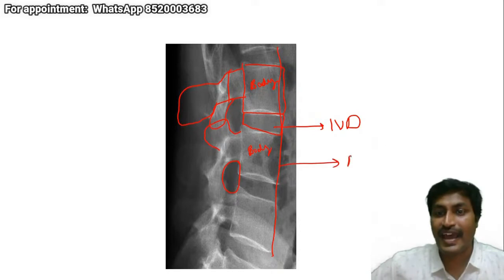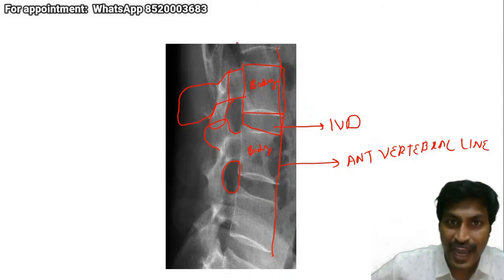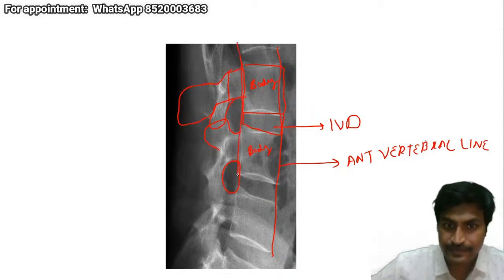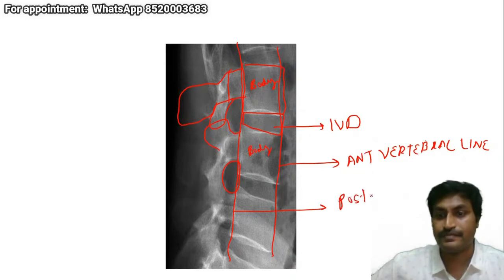This is known as the anterior vertebral line. Another line is drawn along the posterior surface of the vertebrae. This is known as the posterior vertebral line.